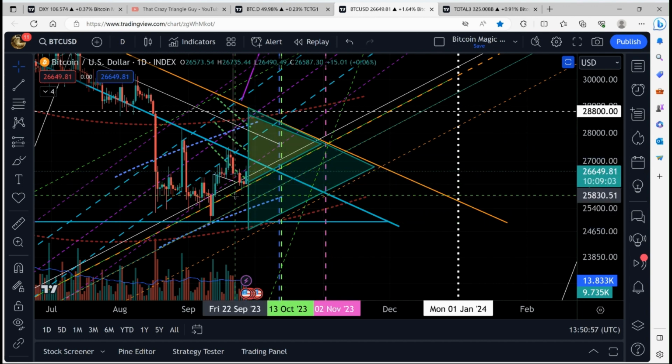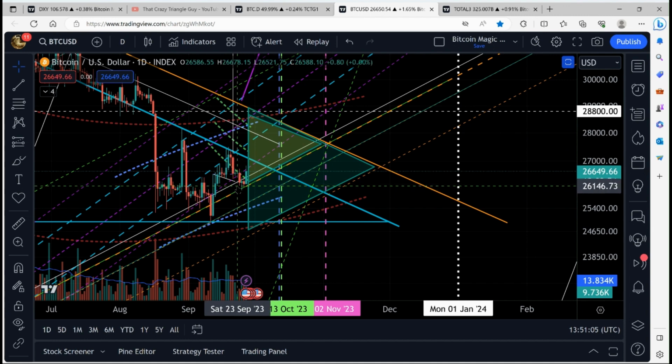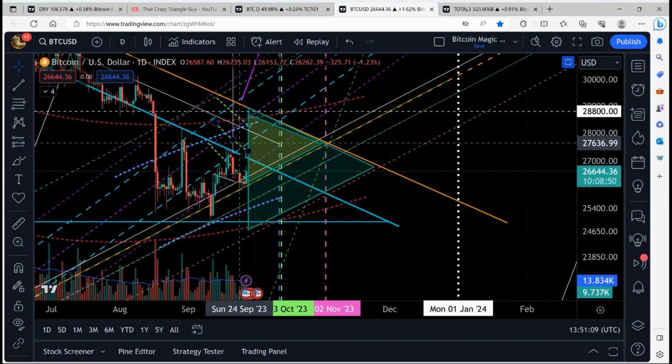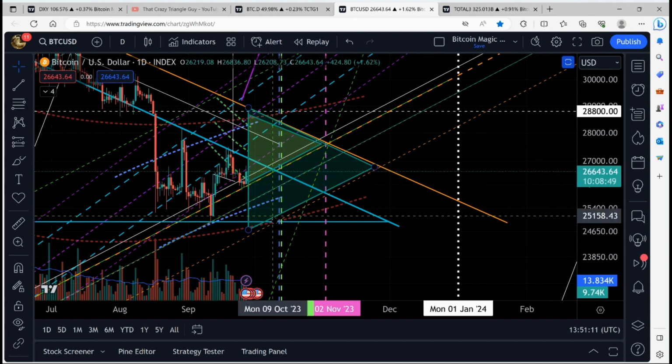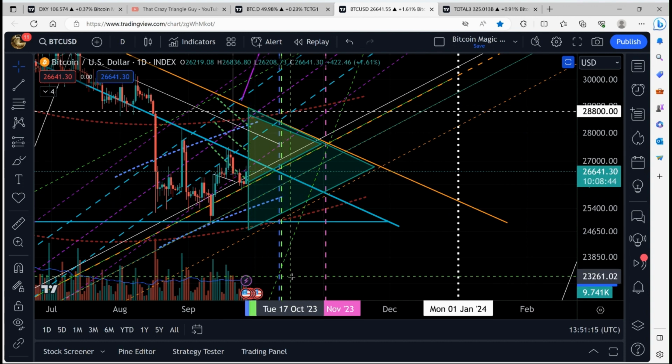And as it turns out, we've just been trading right along the bottom of this smaller triangle for the past week. Now, today, the past few hours, we've been making a move upward. Where are we at now?